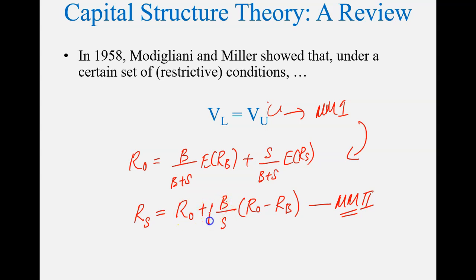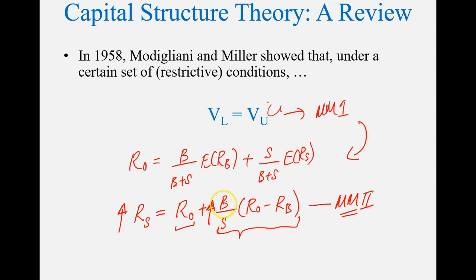And as leverage goes up, guess what? They're going to want a higher rate of return on their equity, because they will not just be happy with what they were making in the absence of leverage, which is R0, but this extra bit they're going to require because of higher risk to them because of leverage.